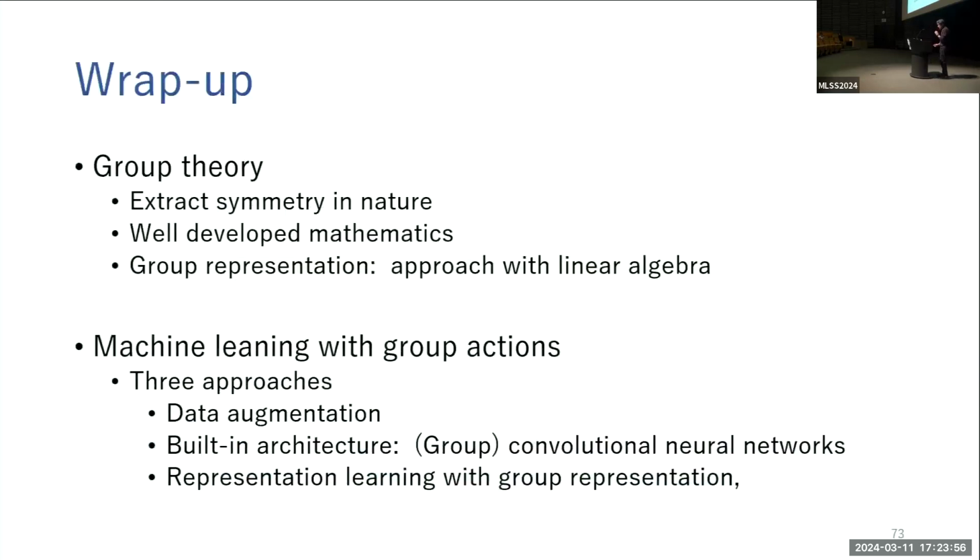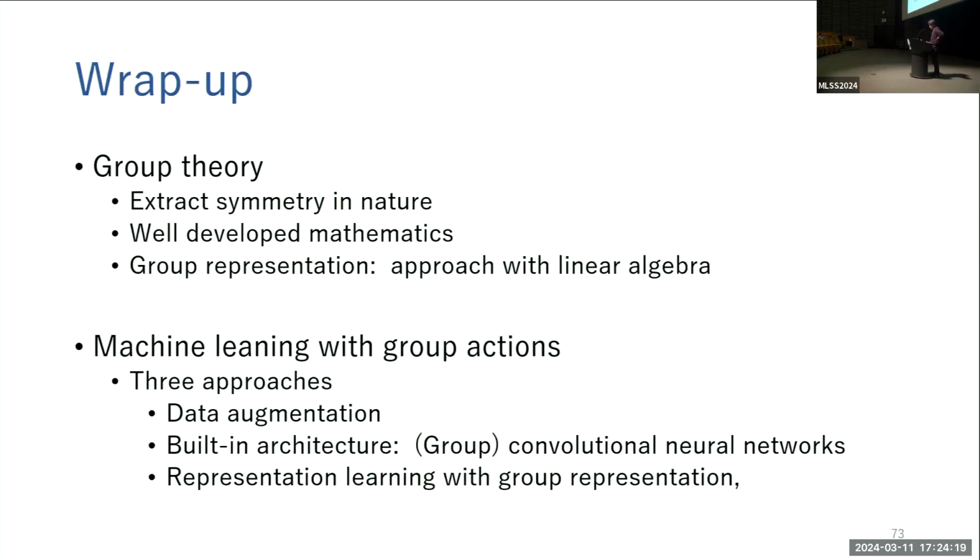Okay, this is almost the end, and I want to wrap up my lecture. So in the first part of my talk, I gave the very basics of group theory, which are limited to the necessary topics to explain this lecture.